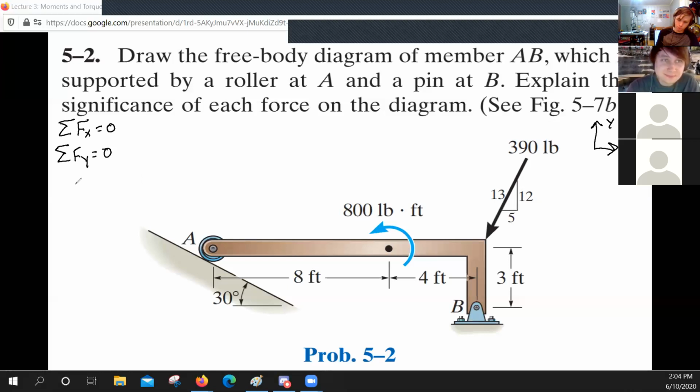Anyone? Z. There's no z. What in z? Oh, are you saying the coordinate? Yeah. Sorry, I should have written that. What other equation do we need to define? What is this class about? This specific lecture?